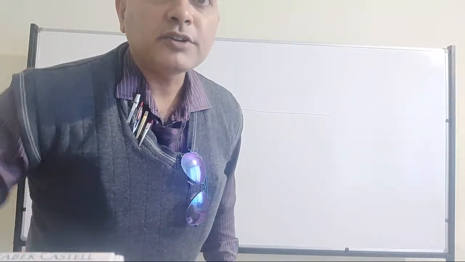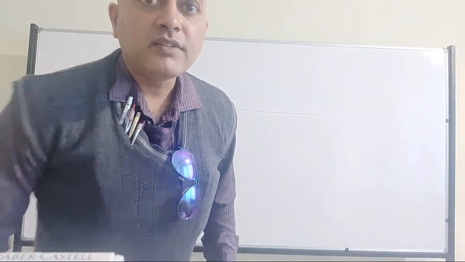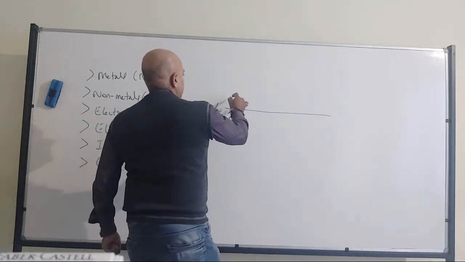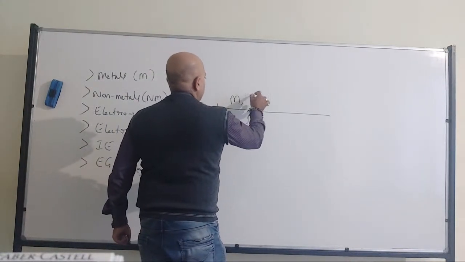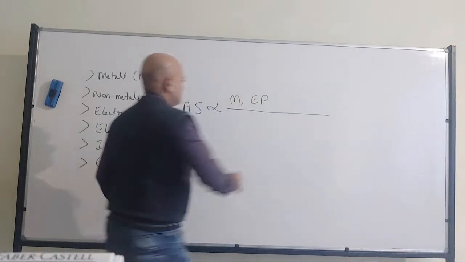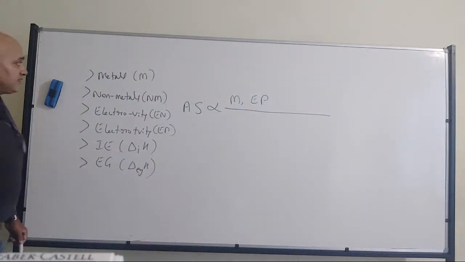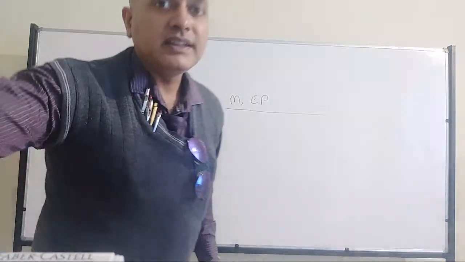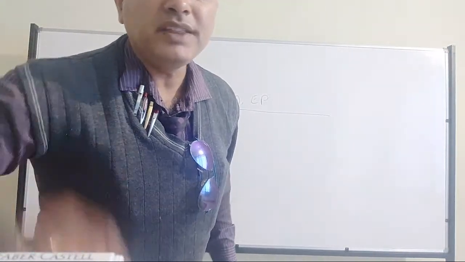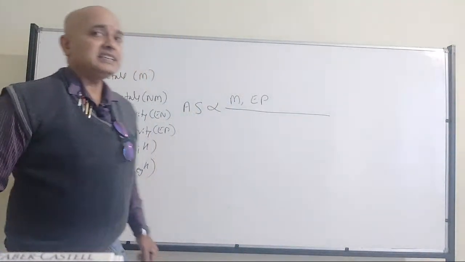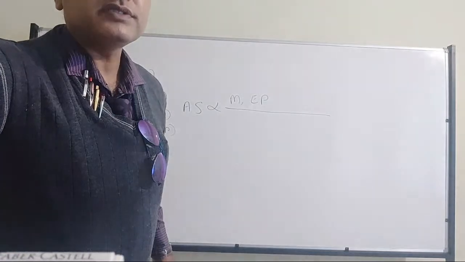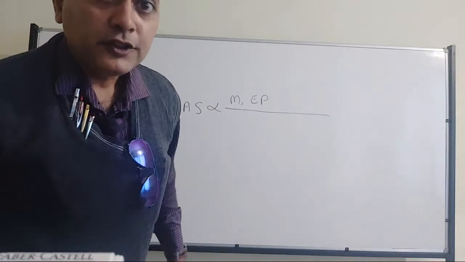Okay, electropositive. Yes, metal and electropositivity, they will come into the numerator, no doubt. Right? Then anything else which will come in the numerator? So that is metallic character and electropositivity, they will come in the numerator.